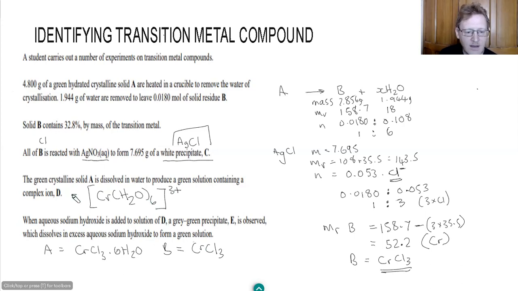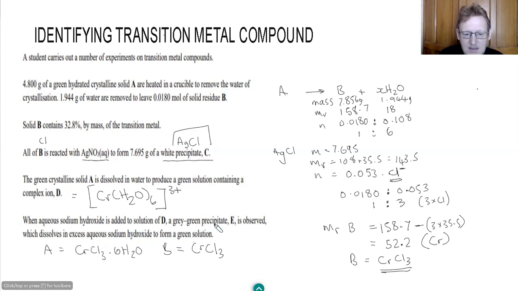And if we add that solution with aqueous sodium hydroxide, we get a grey-green precipitate.